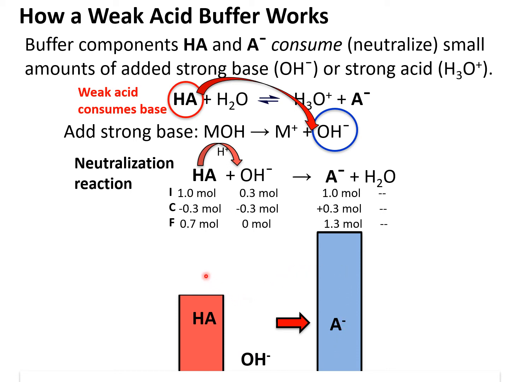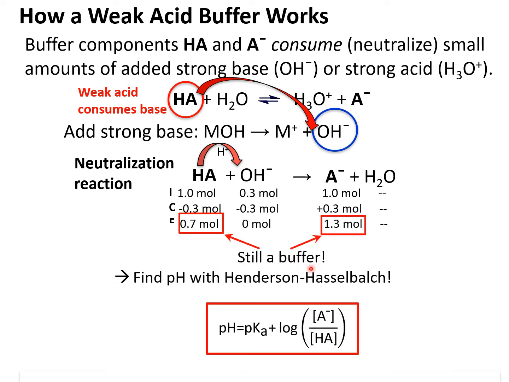You can see here that we still have our weak acid and the conjugate base, and so we still have a buffer. And so we can find the pH of the system using the Henderson-Hasselbalch equation, which is simply the pH equals the pKa plus the log of the concentration of the conjugate base divided by the concentration of the weak acid.